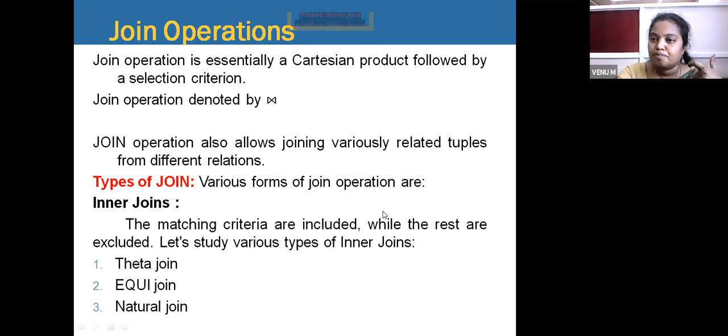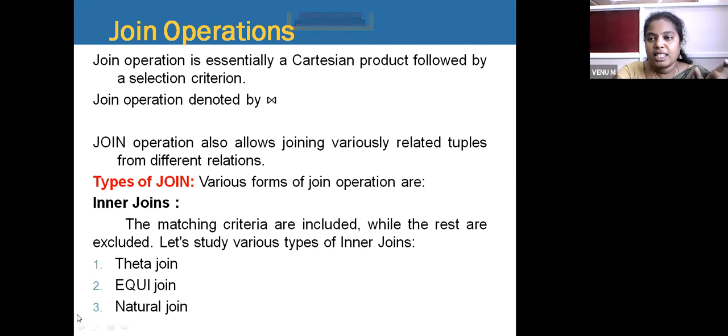Coming to the first type, theta join means you have to give the condition. Here many operators are used for conditions like less than or equal to, greater than or equal to, equal to, not equal to. If you give the condition for specific equality, then it is equijoin.